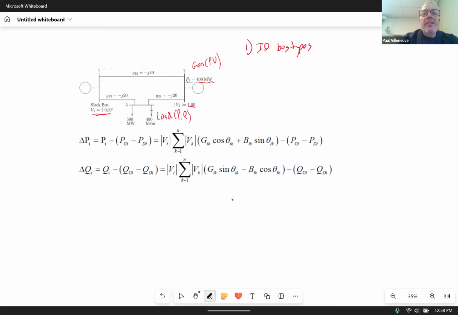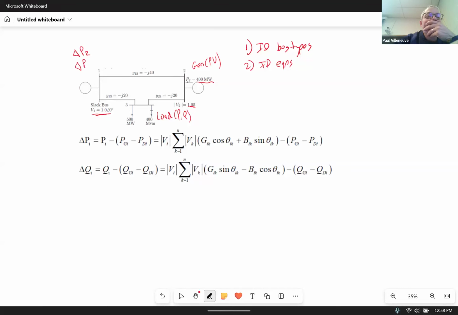So once we have our bus types, now step 2 is ID the equations. We have 3 of them. We're going to write an equation for delta P2 because we can, right? We can write an equation to see if our power balance matches what we inject.